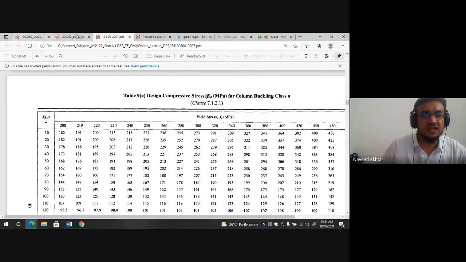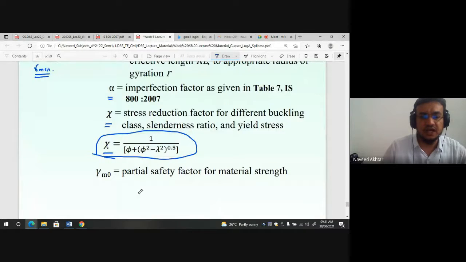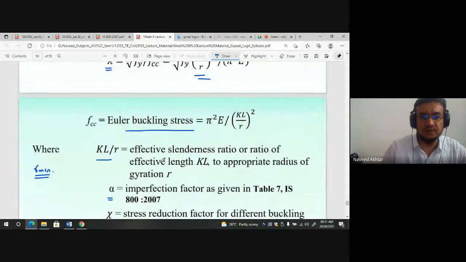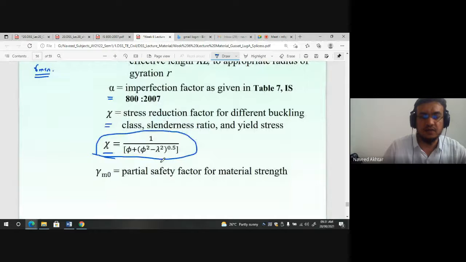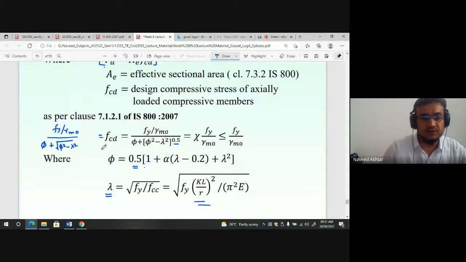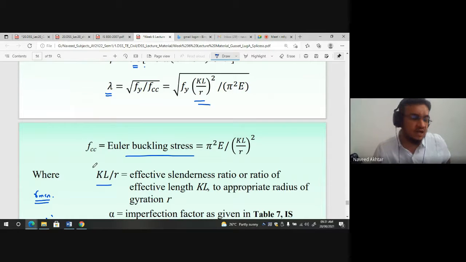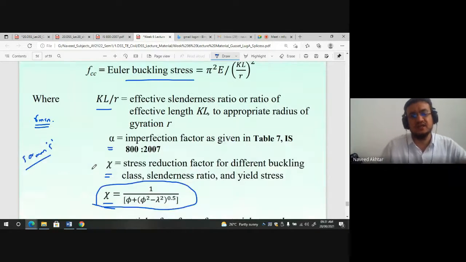Mostly in examinations, if the marks for the problem are 5 or more than 5, then you have to use these empirical equations to find fcd, and from the empirical equation you can find fcd very exactly. But you can also find the value by using the table.